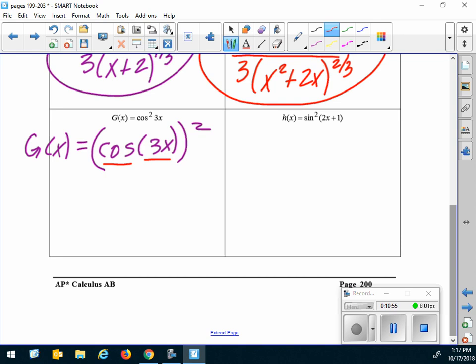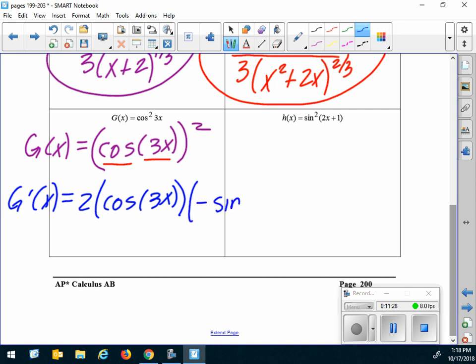Okay? Now, you can do it. Here we go. G prime of x. Now, what is the outermost function? Squaring something. So it's going to be 2 times that to the first power. We good there? Times the derivative of the next outermost function, which is cosine. What's the derivative of cosine? Negative sine. So minus sine of 3x. Now, notice I put parentheses right here.